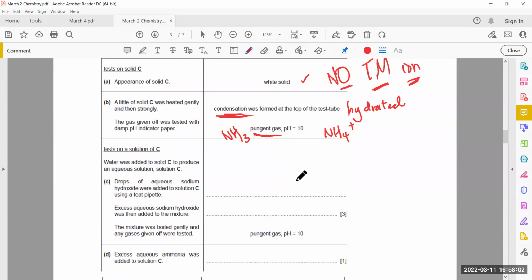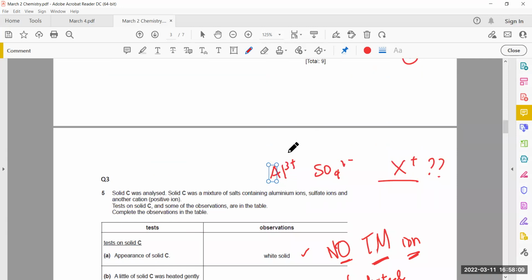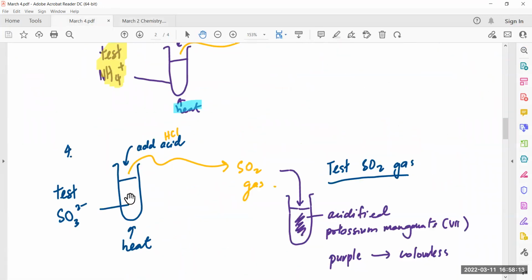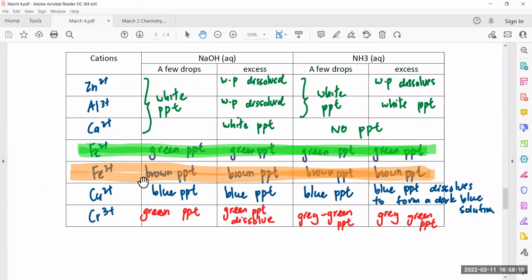Test on solution C: drops of aqueous sodium hydroxide. This one is aluminium, same or not as just now? Same, aluminium. So with sodium hydroxide, what do you see? White precipitate, and then in excess the white precipitate dissolves.